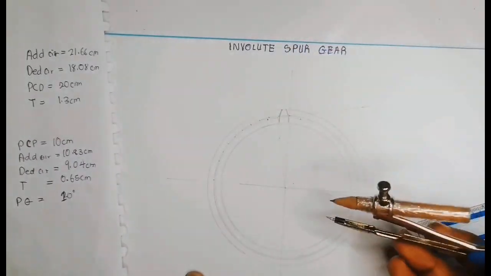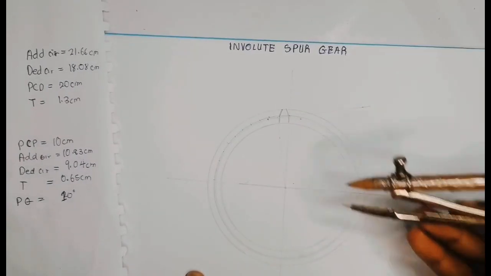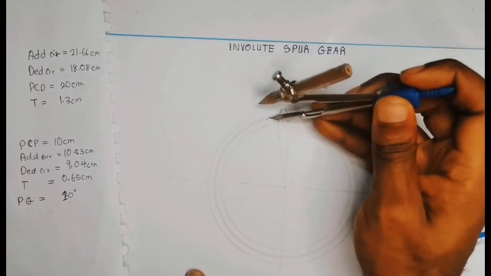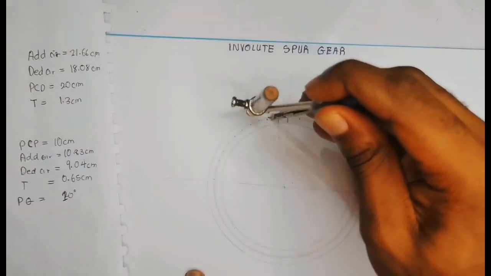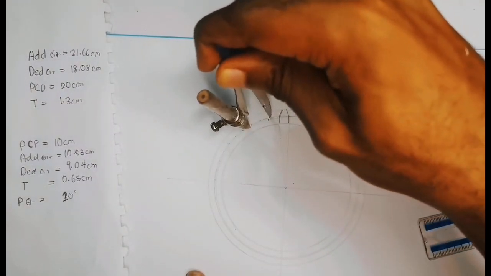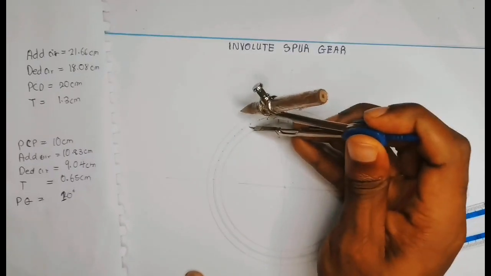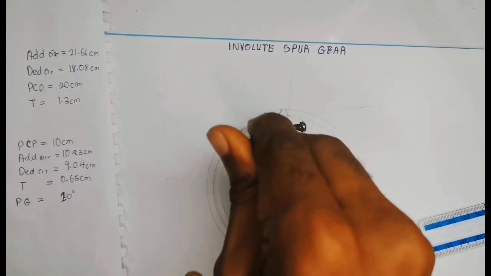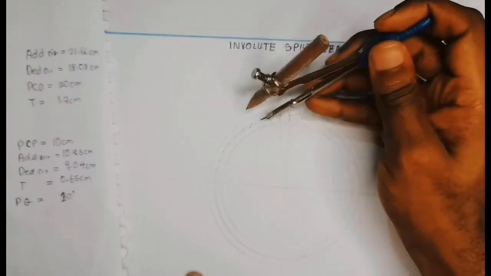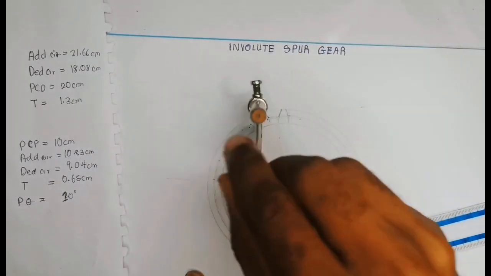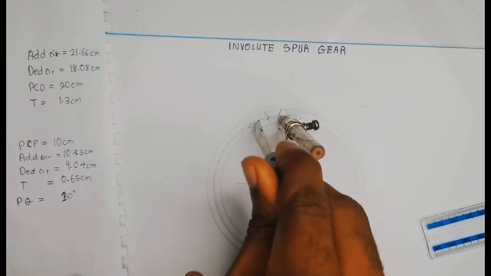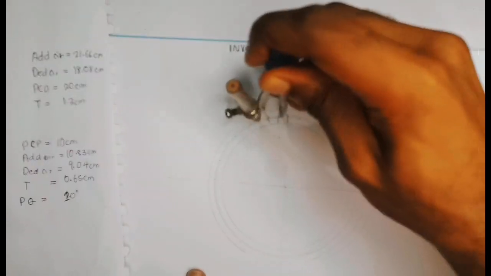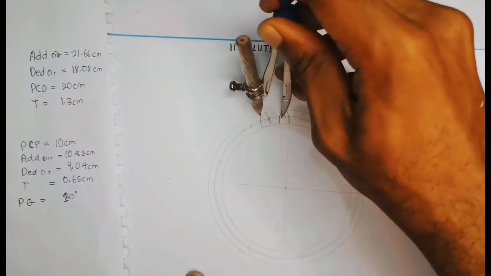So you can see our shape of the involute teeth is forming. So the next we are going to be drawing a teeth for here. So do the same process, pin here, cut the basic circle, come back there and draw an arc. Pin at this point to the opposite side, cut the basic circle, pin back here and draw an arc.